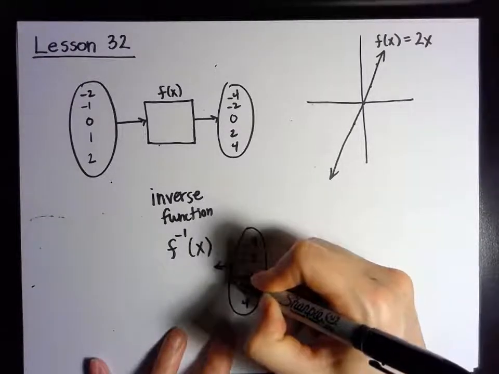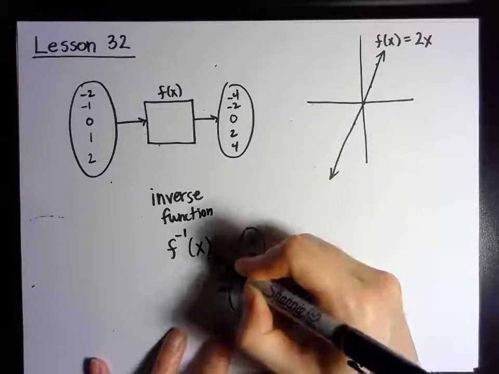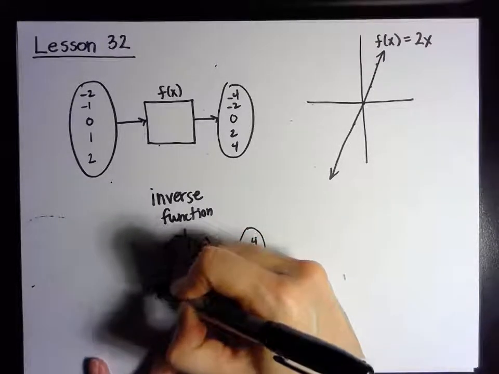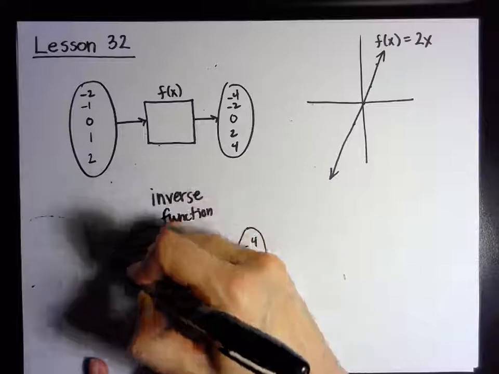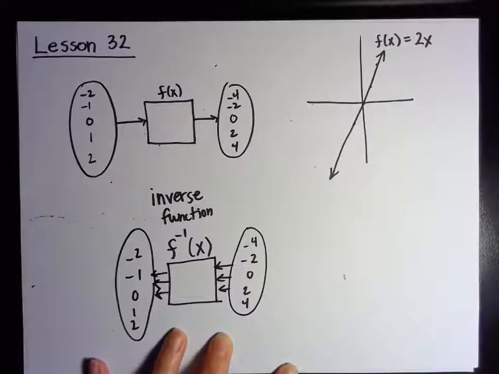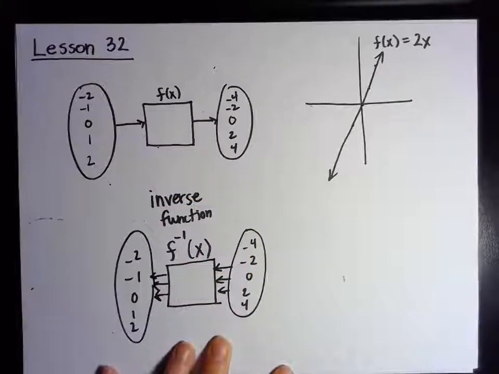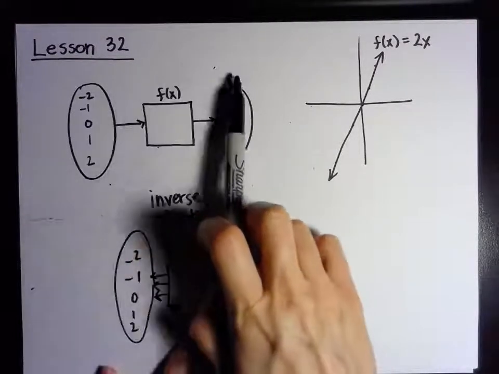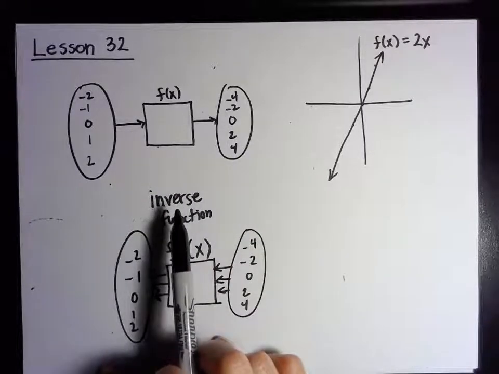We want to put those into the inverse function, and we want to get out the -2, the -1, the 0, the 1, and the 2. So we just want to reverse the direction. So here, these are what goes in, this is what comes out in the inverse function.